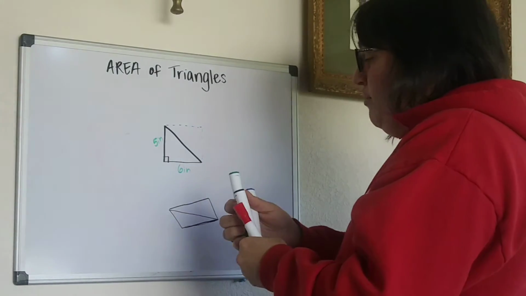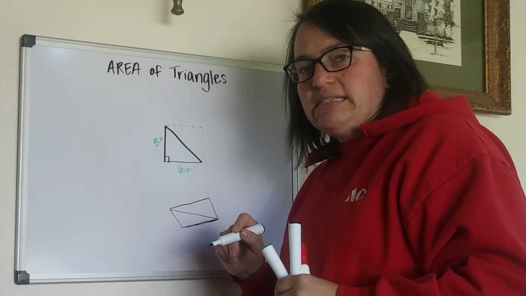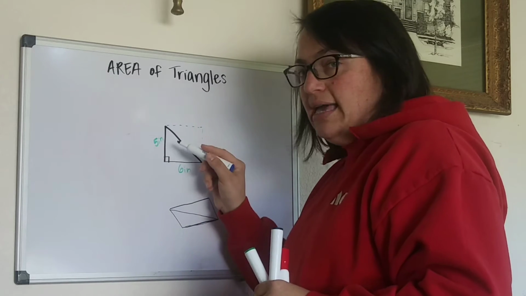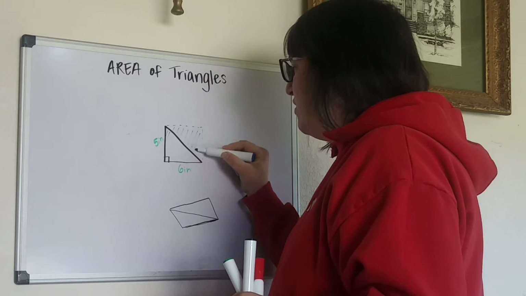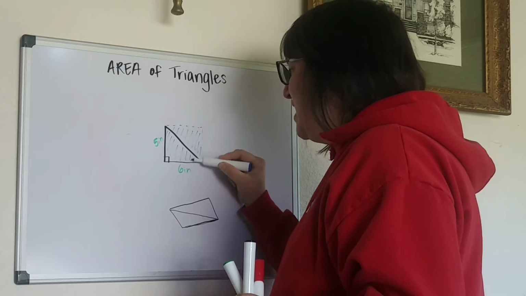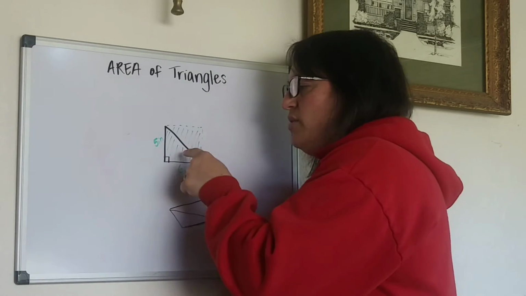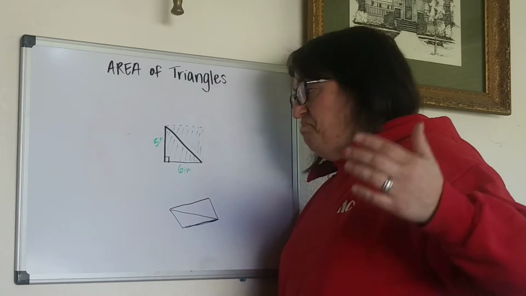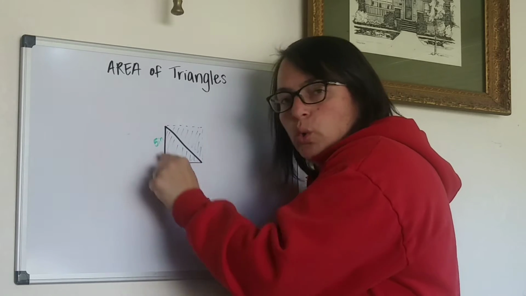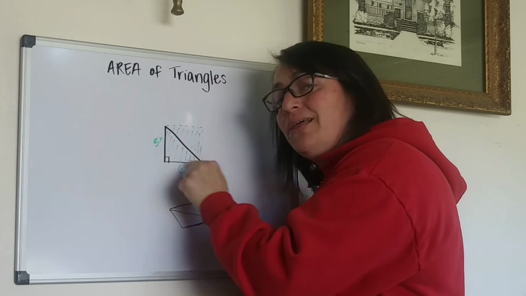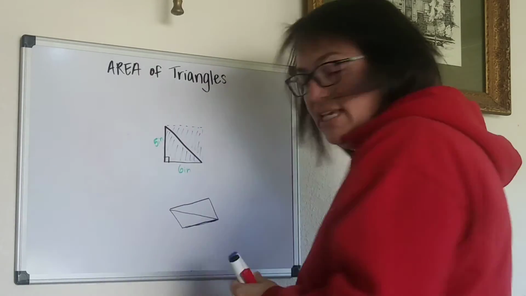So basically, by multiplying 5 times 6, the base times the height, I'm getting the area of a parallelogram, which means I'm actually getting this whole area. And I don't want that whole area, I only want this triangle. Well, guess what? These two shapes are identical, which means once I have the total area of what this parallelogram would be, all I have to do is cut it.